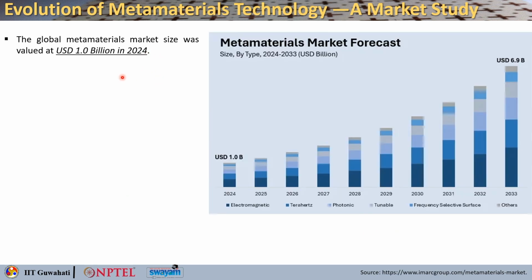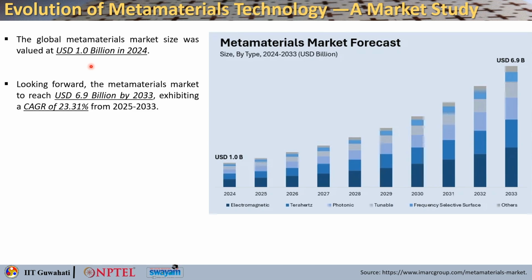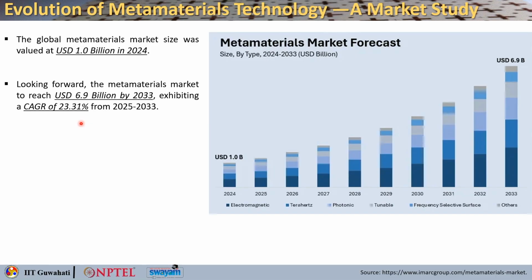So, in 2024, the global metamaterial market size was valued at 1 billion US dollars. Now, looking forward, the metamaterials market is projected to reach 6.9 billion US dollars by 2033, which exhibits a growth rate or CAGR of 23.31% over 2025 to 2033.